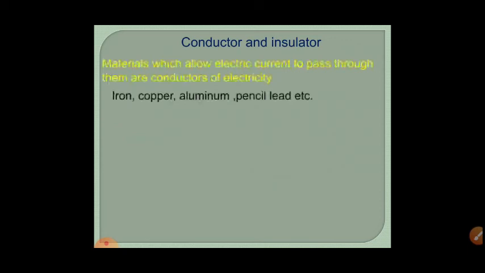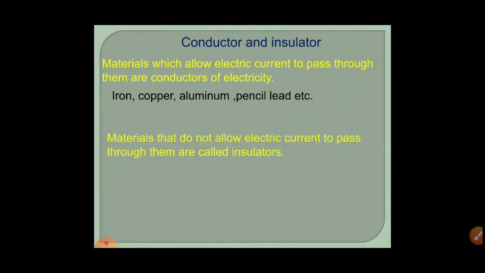Then there are some materials like wood, plastic, paper, thermocol, and china clay. You might observe china clay in your home, in the fuse in the main switch, where the fuse wire is connected.